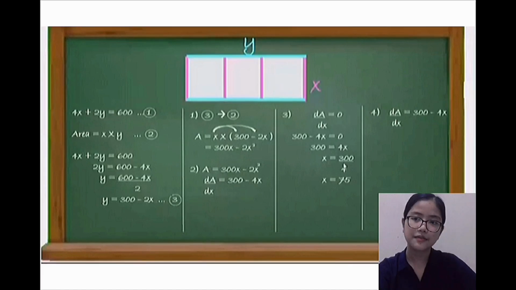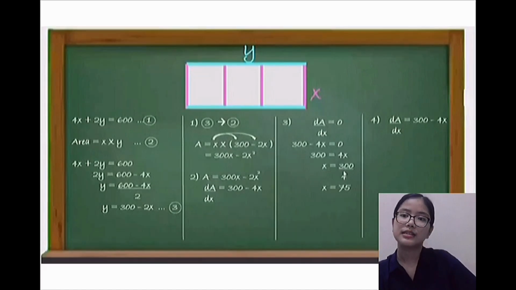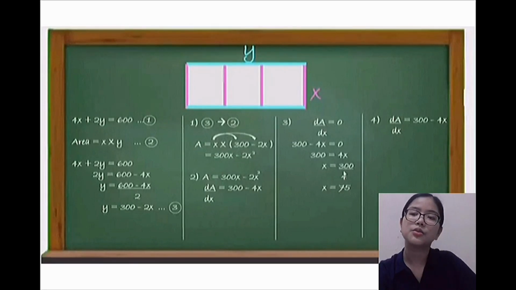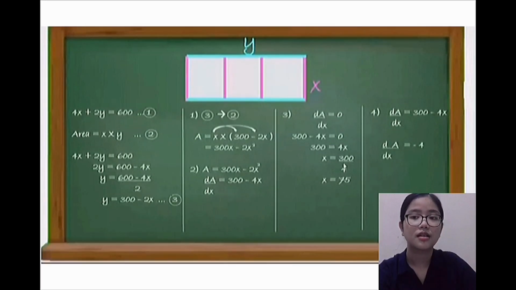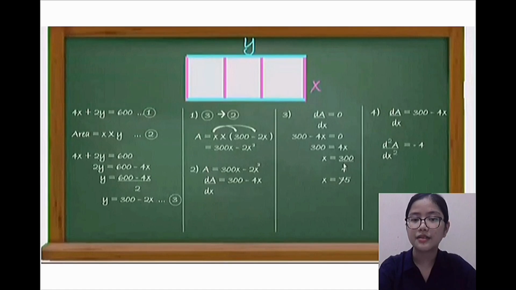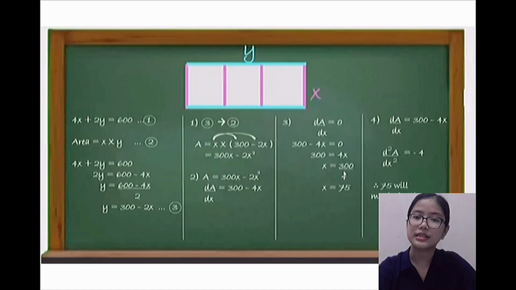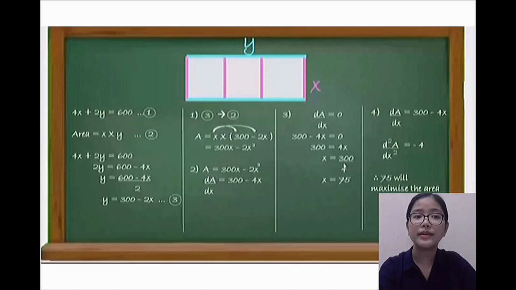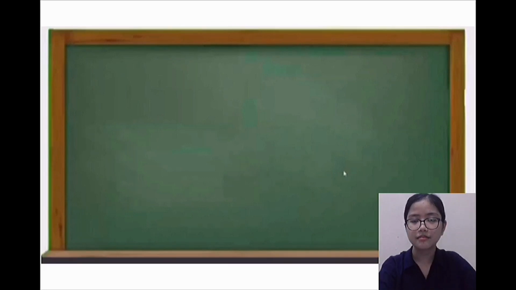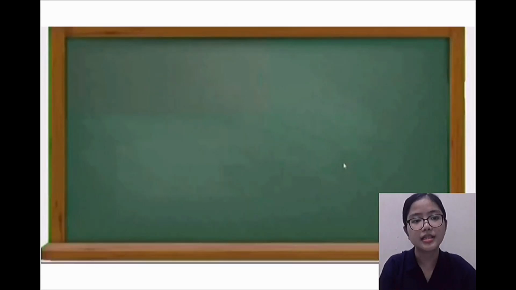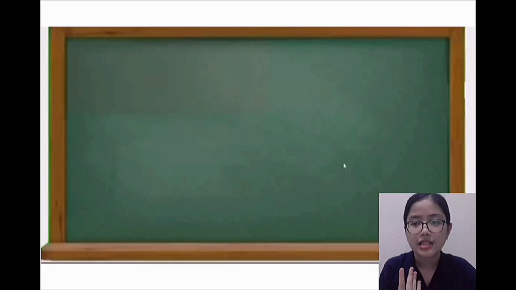So for the second differentiation, we get negative 4. So it is less than 0. Therefore, 75 will maximize the area. Okay, but now we're not done yet, because the question wants the largest area that can be enclosed. So the next step will be continued by my friend Sarah.